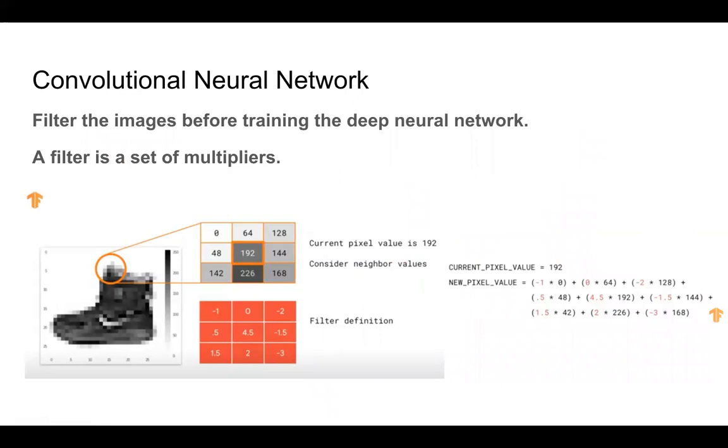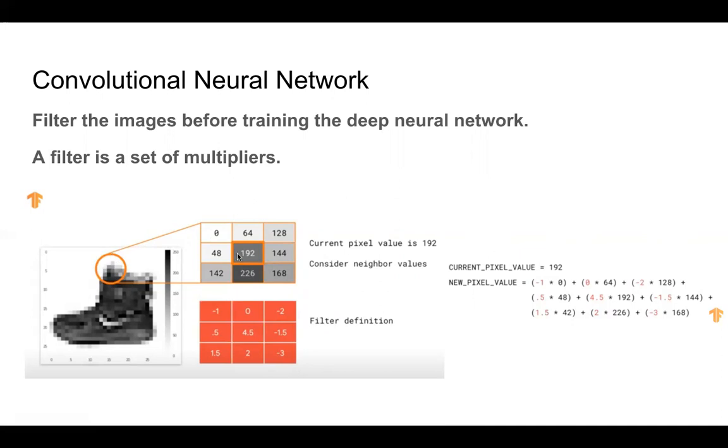So the concept of convolutional neural network lies in that we put the filter on images before training the deep neural network. And filter is just a set of multipliers. So for example, we take the pixel, and these are the numbers, right, of the pixel. The current pixel value is 192, and we have the corresponding filter box here in the red.